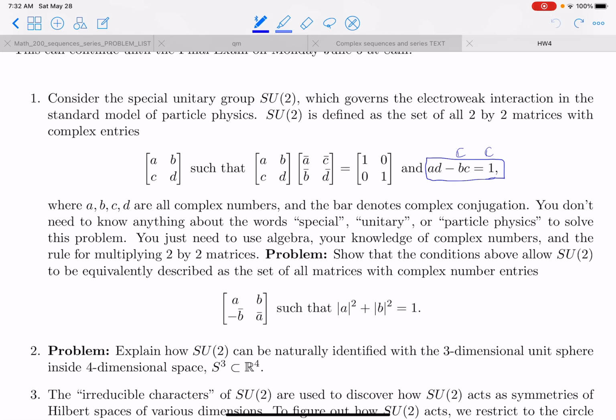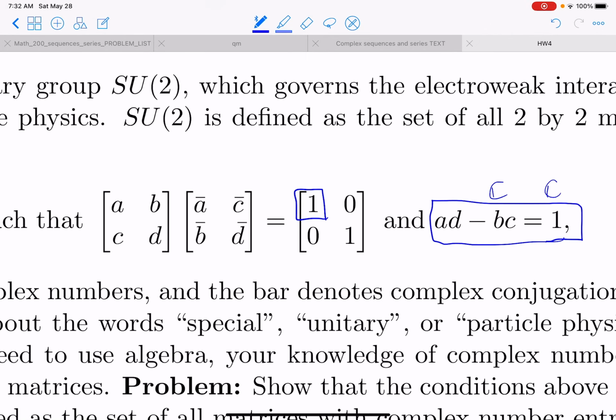What do I mean? Well, if we look at when are 2 matrices equal? Well, when every entry is equal. So let's look at this entry, and we'll get one equation. If we multiply these matrices, we get a matrix whose top left entry has to be equal to 1. That's one equation. Then the top right entry, whatever it is, has to be equal to 0.